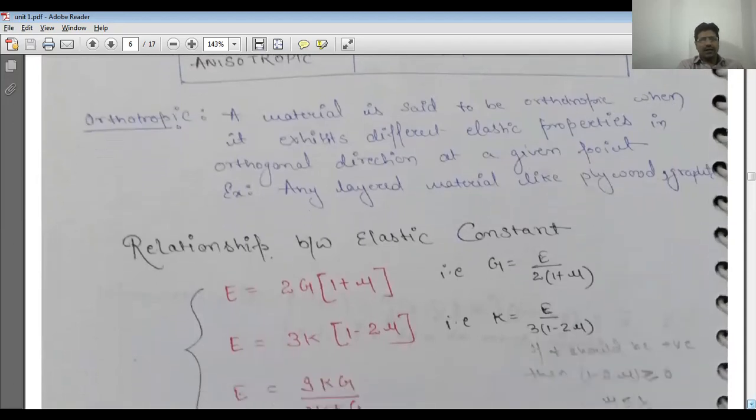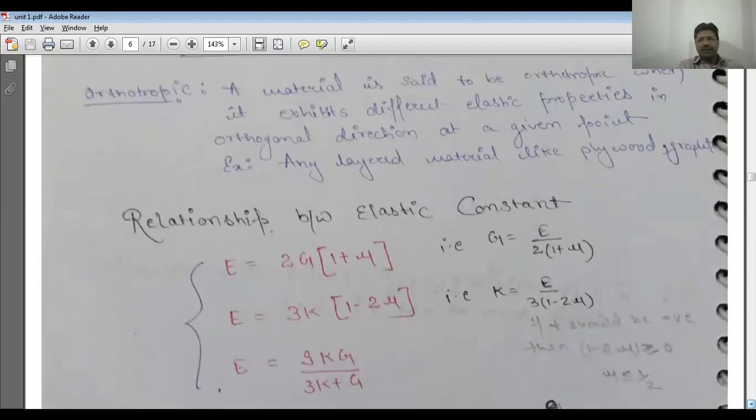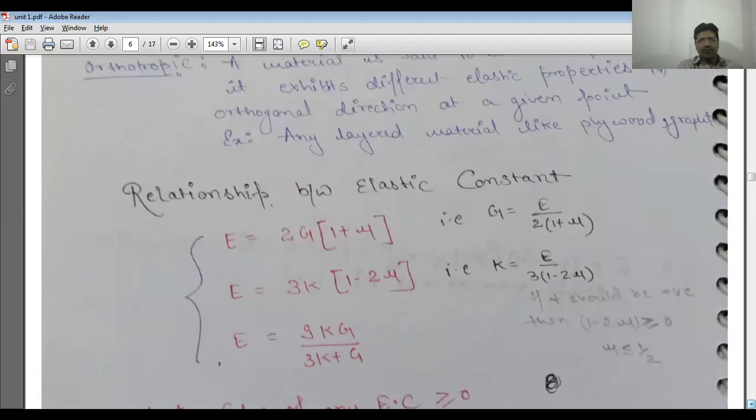So next is the relationship between elastic constants. The first relationship, between Young's modulus of elasticity E and modulus of rigidity G, is given by E equals 2G(1 plus mu), where mu is the Poisson's ratio.